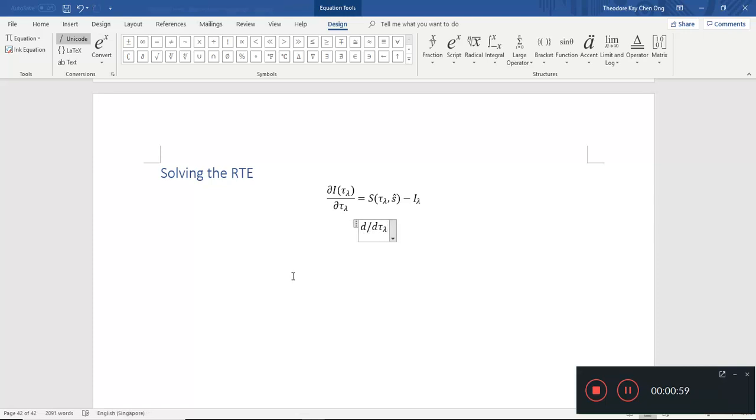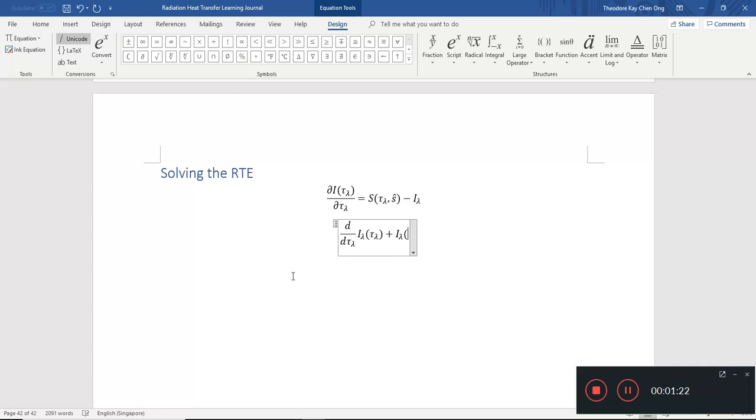However, this equation still has some utility, because it tells us the physical meaning of what we are discussing. Let me explain what I'm talking about here.